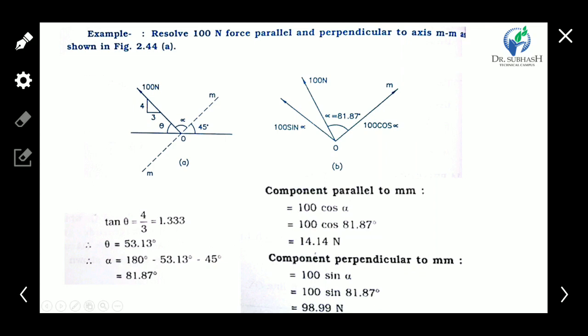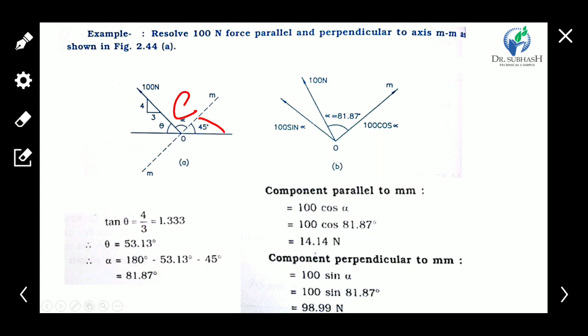Then we find the angle, 53.13 degrees. Here 1.33 is the tan theta value, and according to tan theta we get the value of theta as 53.13 degrees, and this is the angle between the force and the horizontal.